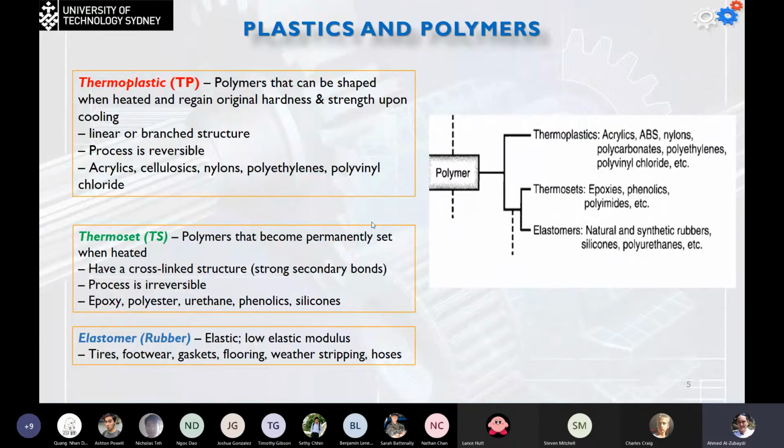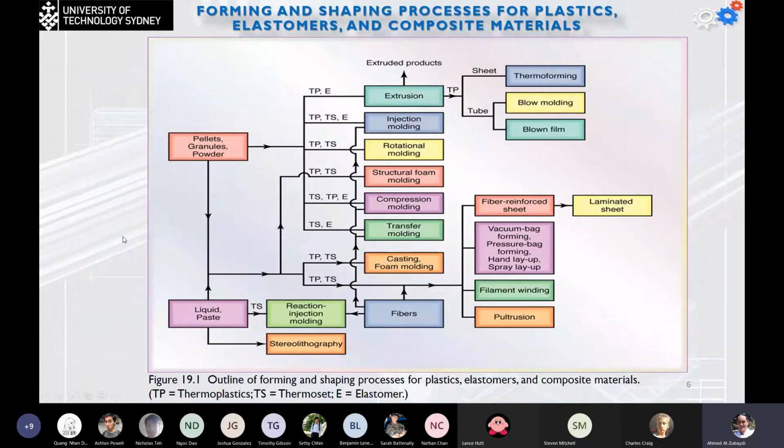So if we show that in this chart, what will be the types of different plastics and what will be the starting form for the manufacturing and the different methods of the manufacturing. So you can see that we have the TP, meaning the thermoplastic, the elastomers, which is the rubber, and the TS, the thermosets.